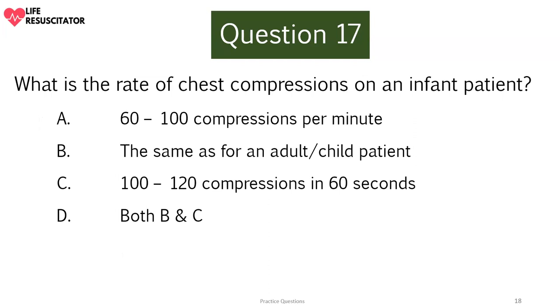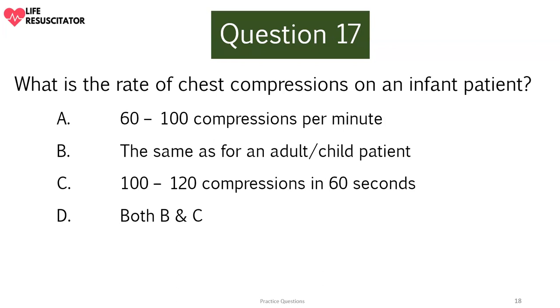What is the rate of chest compressions on an infant patient? A, 60 to 100 compressions per minute. B, the same as for an adult or child patient.